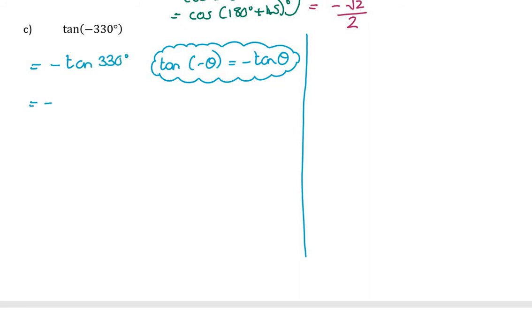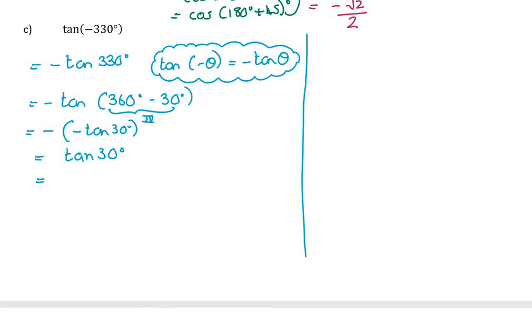Now we need to do reduction. So I'm going to rewrite 330 as 360 minus 30. Now that is quadrant 4, and in quadrant 4 tan's negative, so this is negative tan 30 degrees. So this lands up actually being positive tan 30.